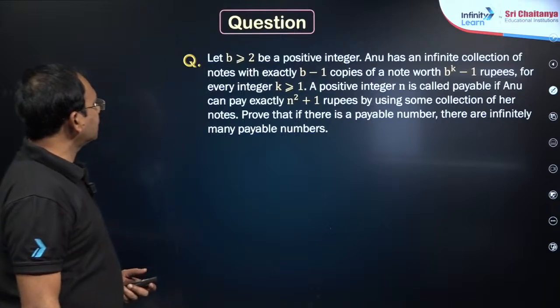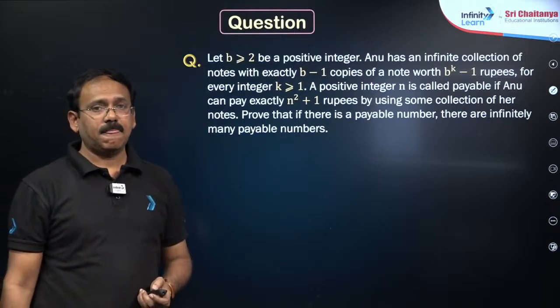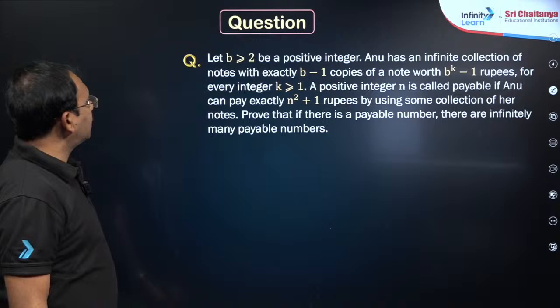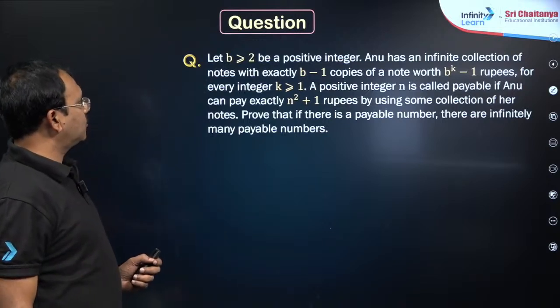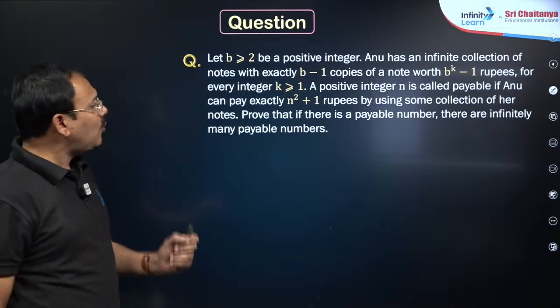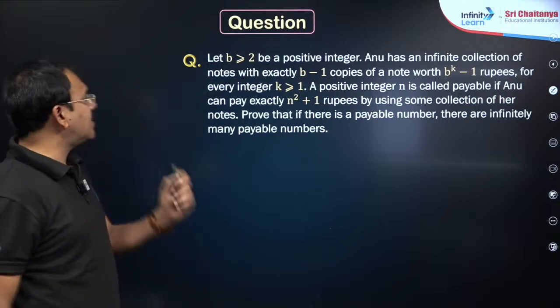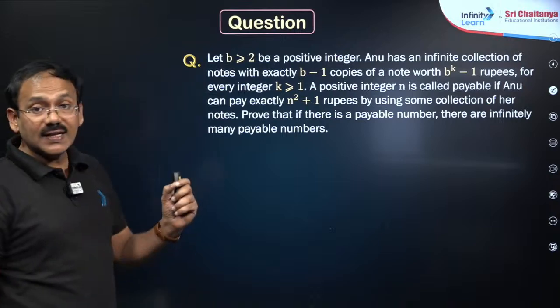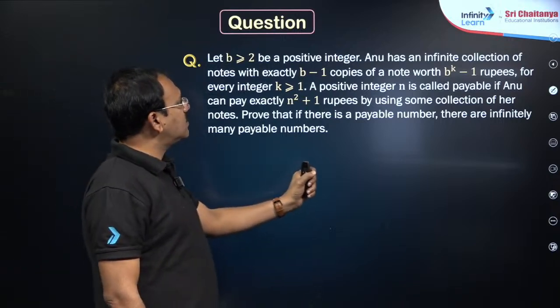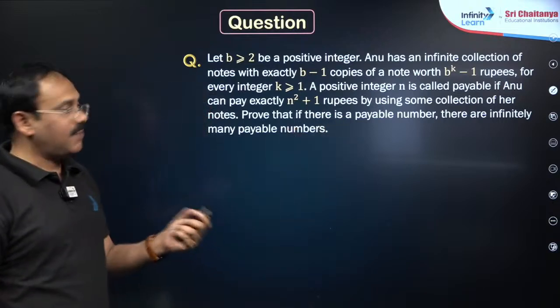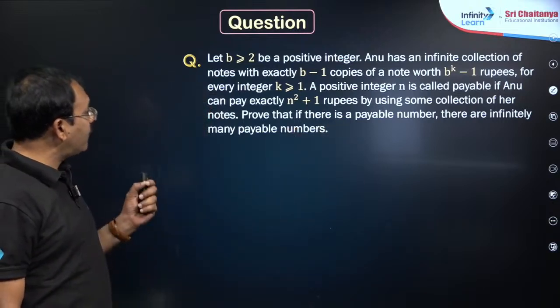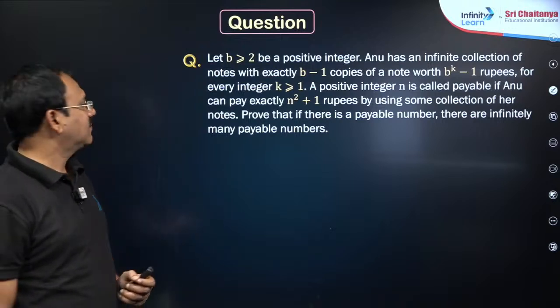Then next, we can say the last question. You see, the formation of the sentence: for B greater than or equal to 2 a positive integer, Anu has an infinite collection of notes with exactly B minus 1 copies of a note of worth B to the power k minus 1 rupees for every integer k greater than or equal to 1.